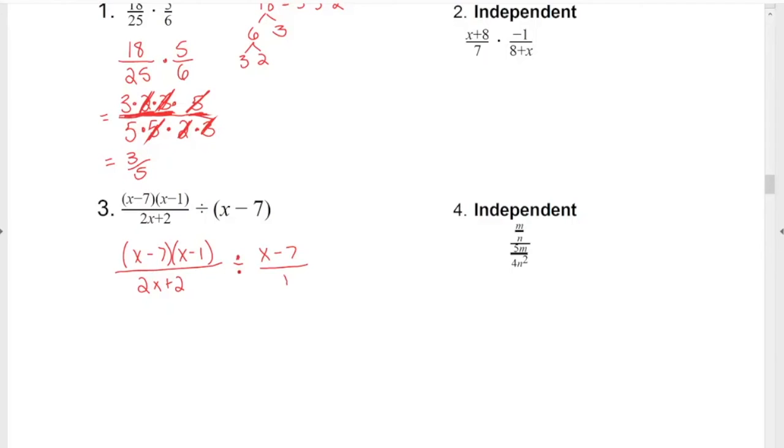That doesn't change the value of x minus 7. And we will change this into a multiplication symbol by taking the reciprocal of that fraction, or in other words, flipping it around. And now I have x minus 7 in the numerator and the denominator.